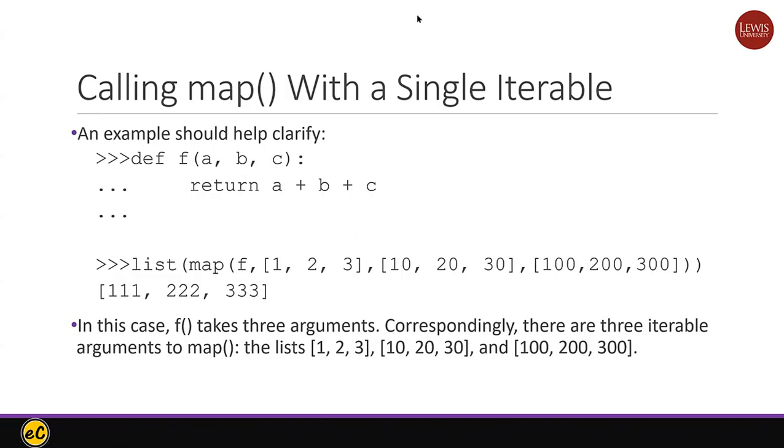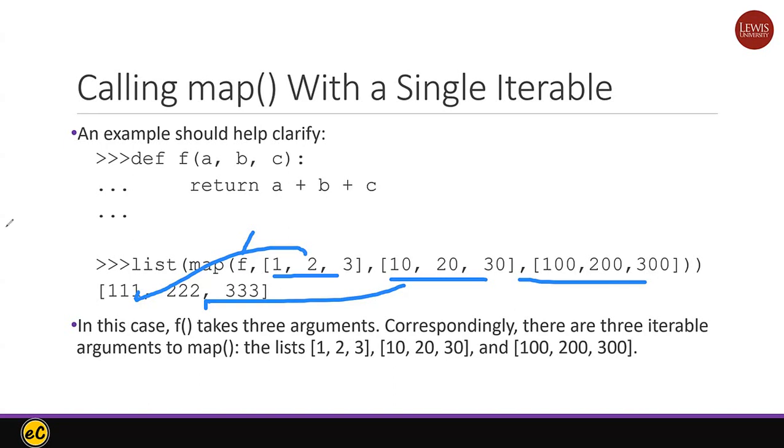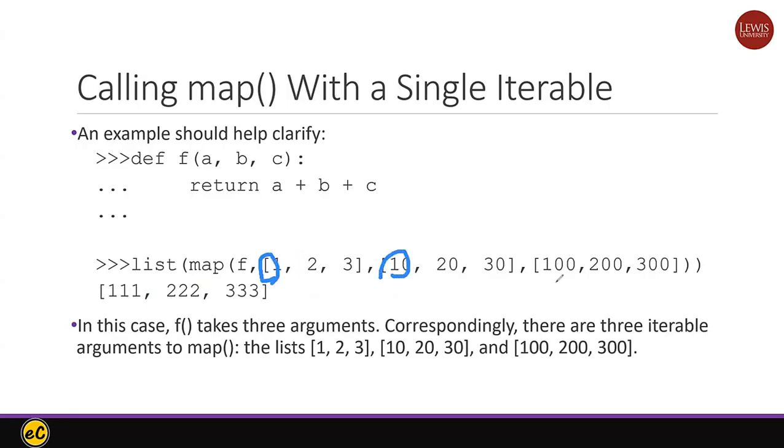Okay. And you map that function f to 3 of these. So this one sums up the first value, then the second value. I'm sorry. Actually, it doesn't sum everything. It sums up this one and this one, to be the first one. Okay.